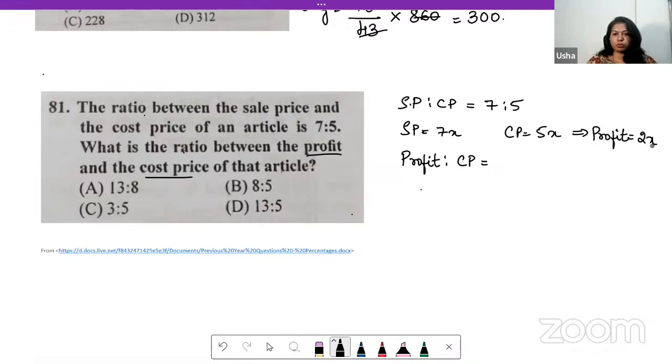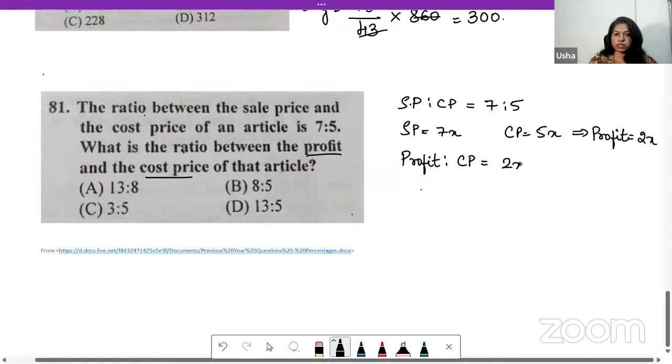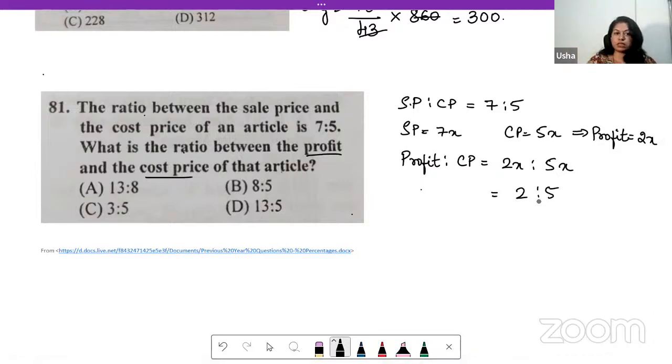No. So profit is 2x. Now profit is to cost price: profit is 2x and cost price is 5x. So the answer is 2:5. Options are wrong. Answer is 2:5. We have selling price and cost price. From that, you can find out what is the profit, and then compare profit and cost price. That's it.